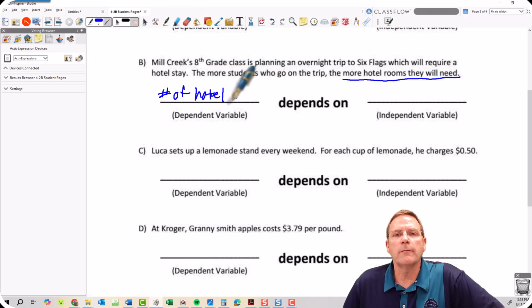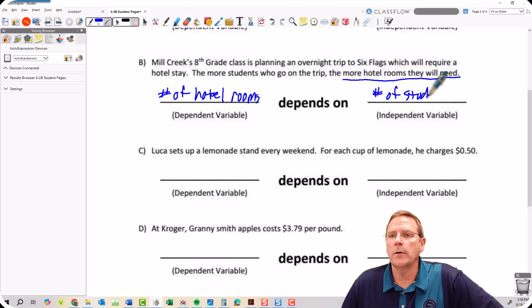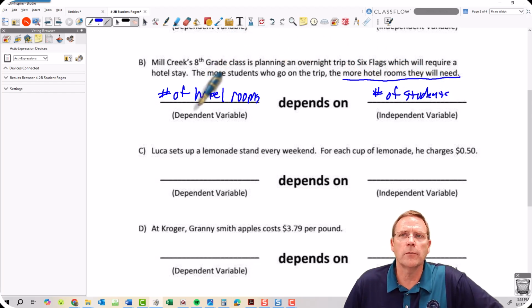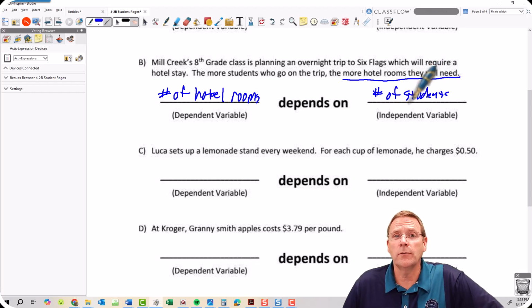The independent variable is going to be what affects the number of hotel rooms, and that is going to be the number of students that are going to attend. See how that goes? The more students attend, the more hotel rooms. The fewer students attend, the fewer hotel rooms. Having more hotel rooms is not going to make more students attend, but having more students attend is going to require more hotel rooms.